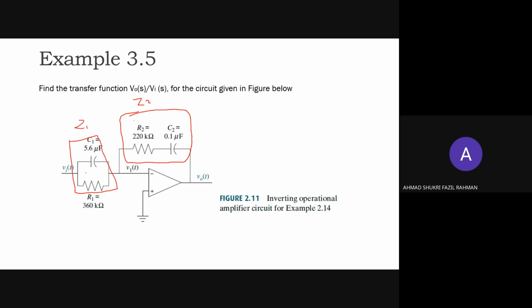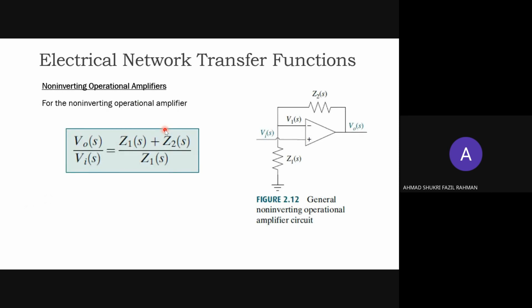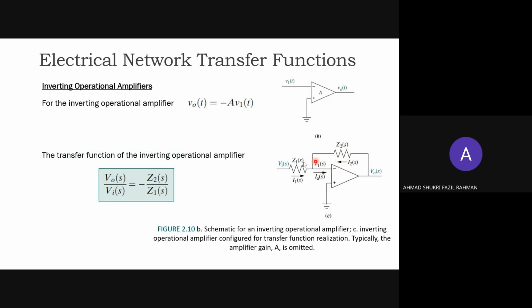So this is actually Z1, and this is actually Z2. The typical representation would be the inverting operational amplifier. As we already know, output over input is the ratio between Z2 over Z1.